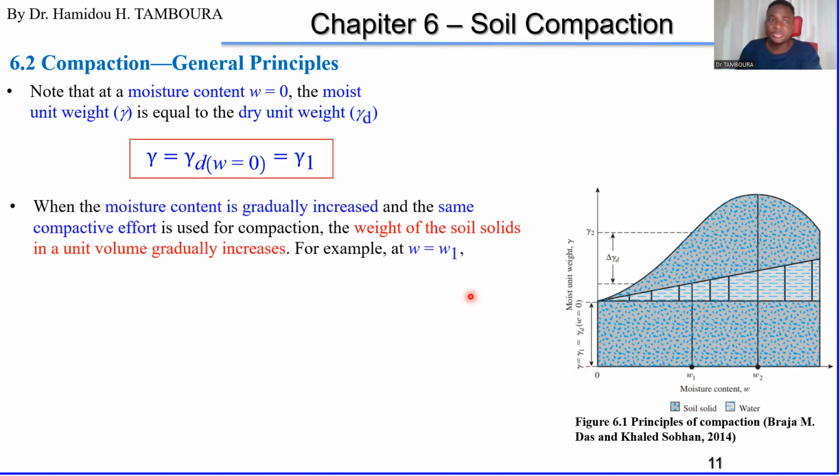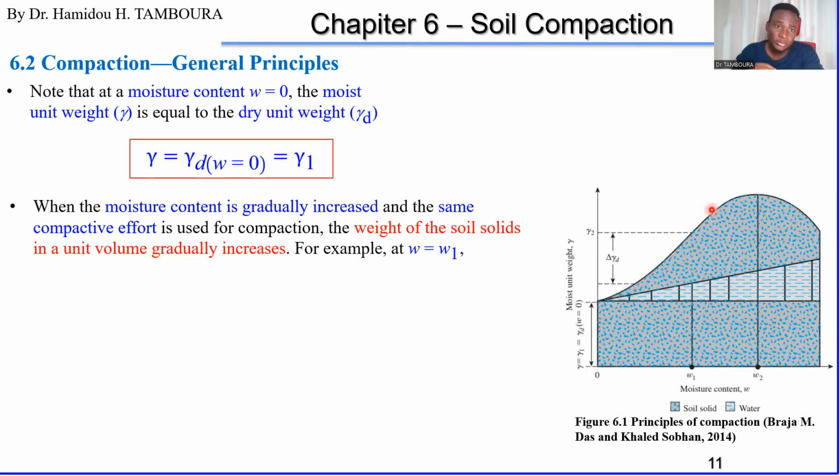Next, when the moisture content is gradually increasing, and we use the same compaction effort, the weight of soil in a unit volume gradually increases. This is just the unit weight, okay? And this is what I have explained before.